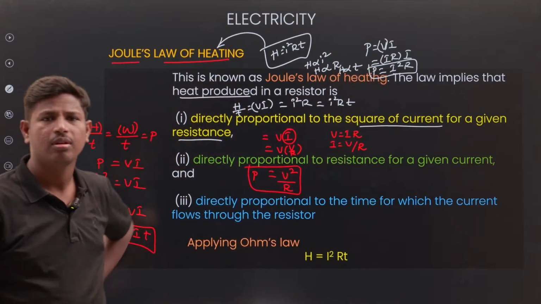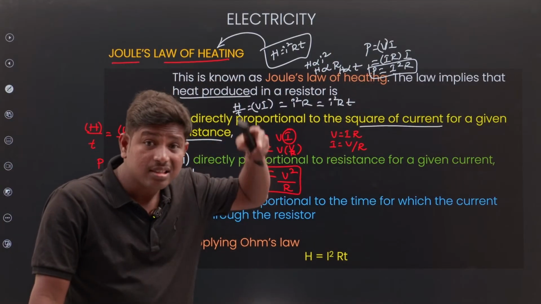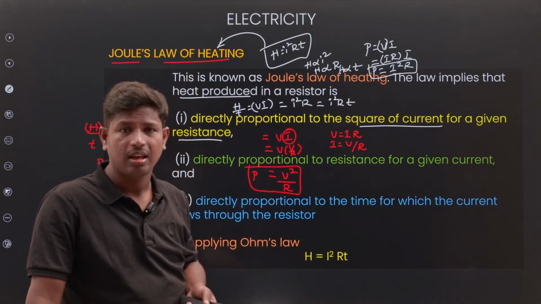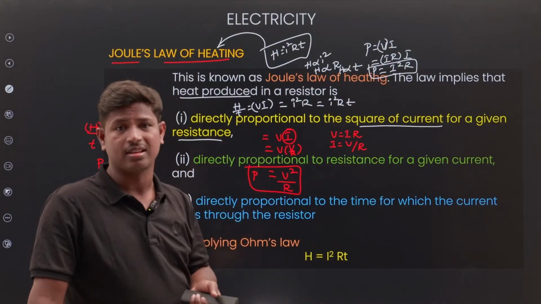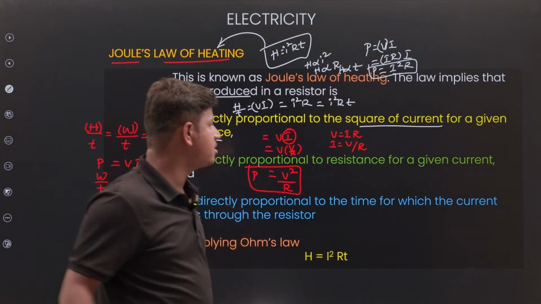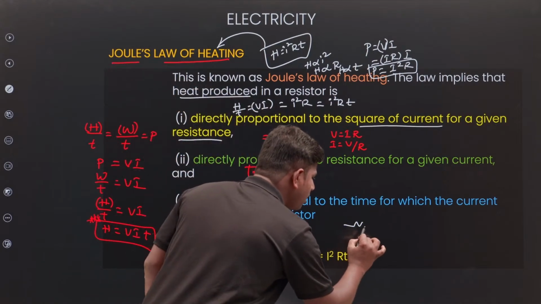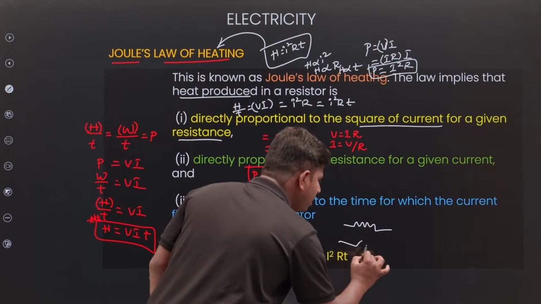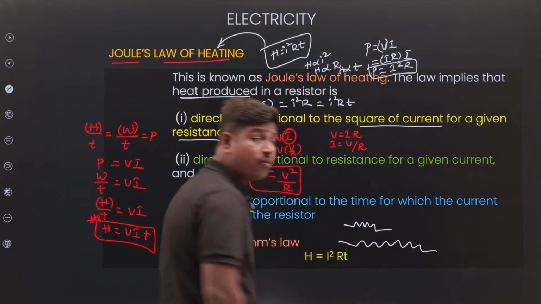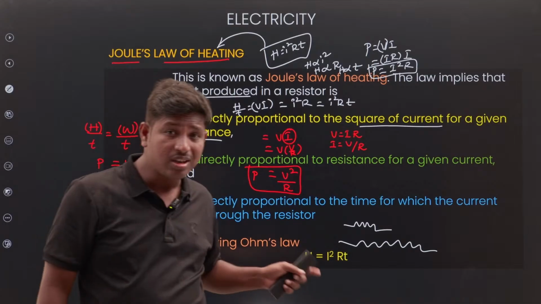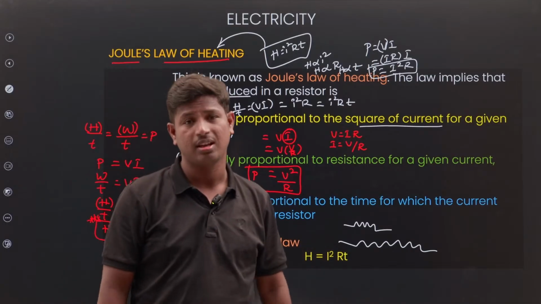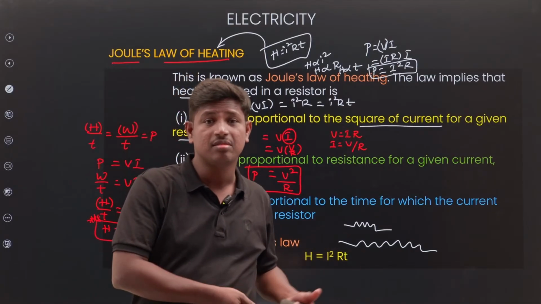Current increases, heat increases. Resistance increases, heat increases. See, if I take one resistance here and one more resistance here, where will the heat be more? First one or second? Second one, automatically, because resistance is more.